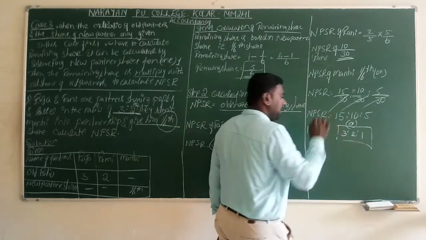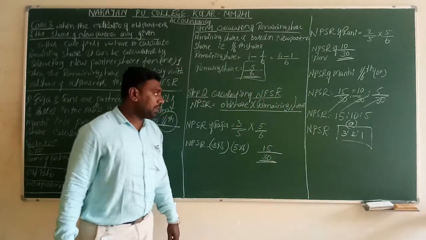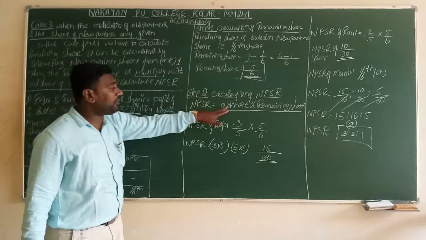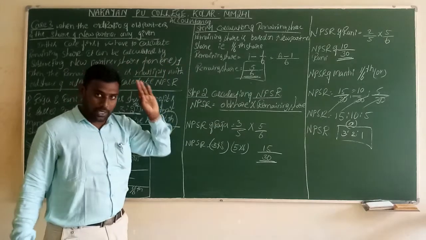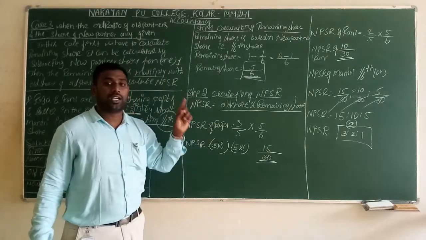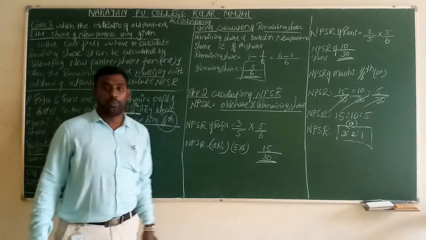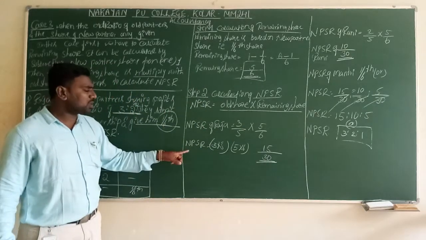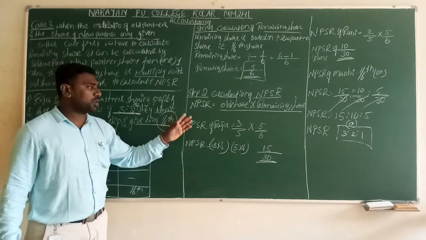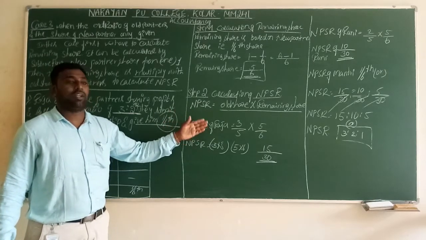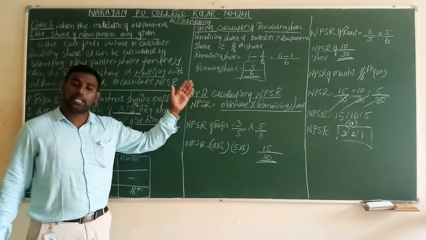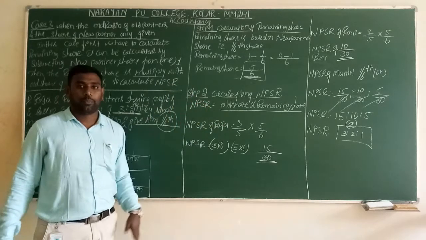So this will be calculated under case number 3 with the help of a different formula. When old partners, old ratio and the share of the new partner are only given, we have to calculate the new profit sharing ratio. This is the first question. I think you people have understood. In the same way, we have to discuss one more question related to this case number 3 only.